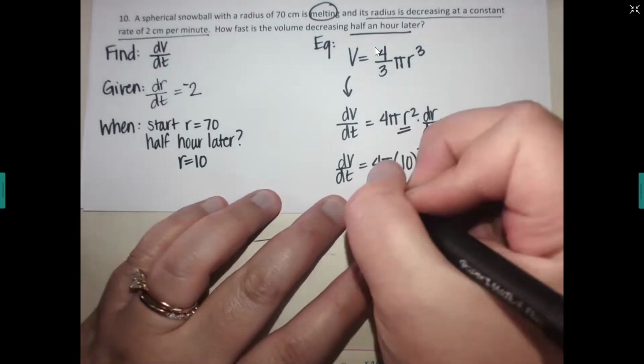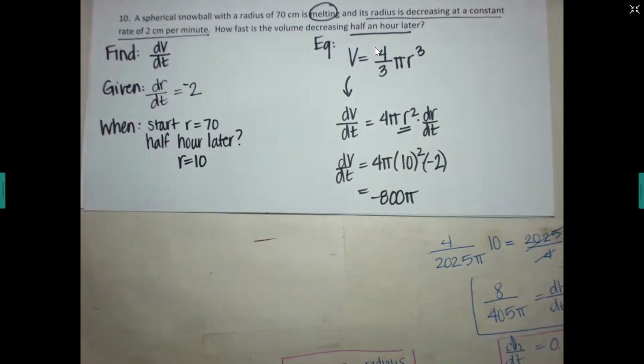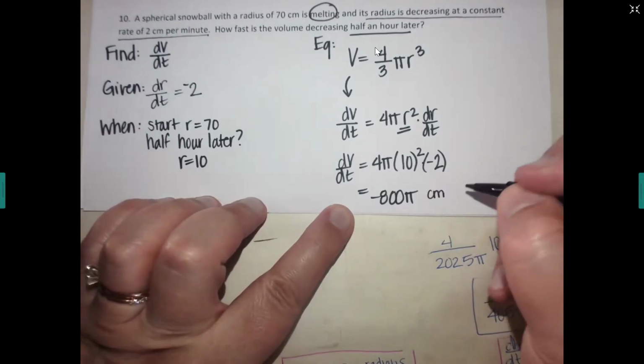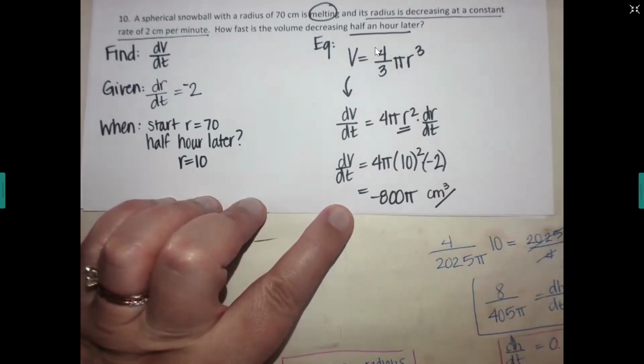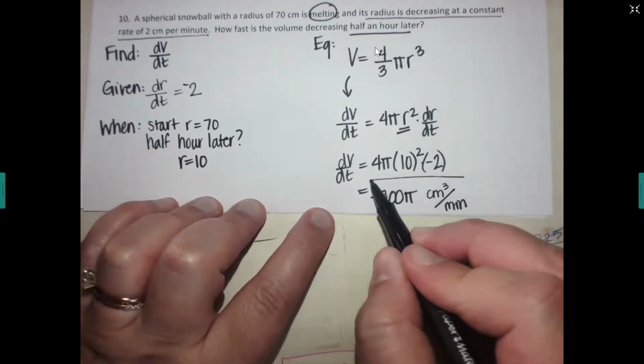Then times -2 would be -800 pi. Then if this is a measurement for volume, would it be centimeters, square centimeters, or cubic centimeters? Cubic. And then per minute is what time is measured in. Okay.